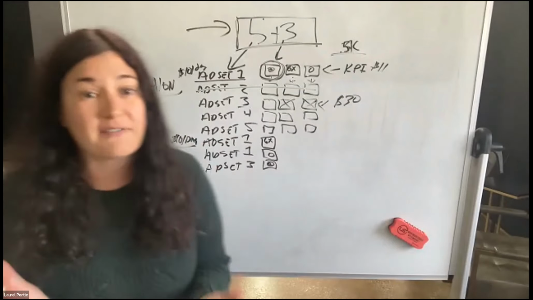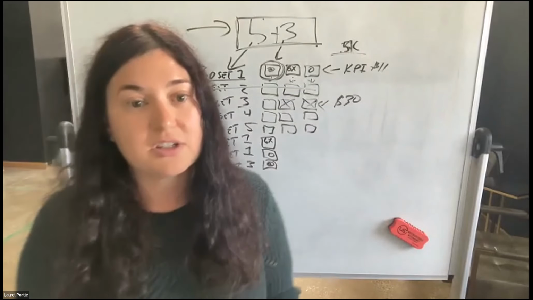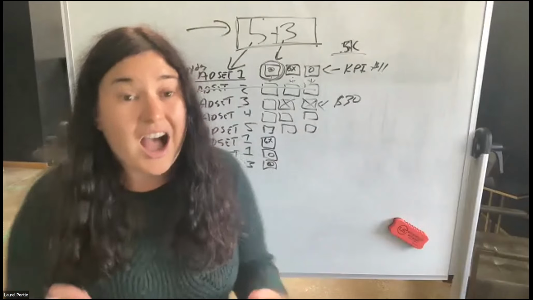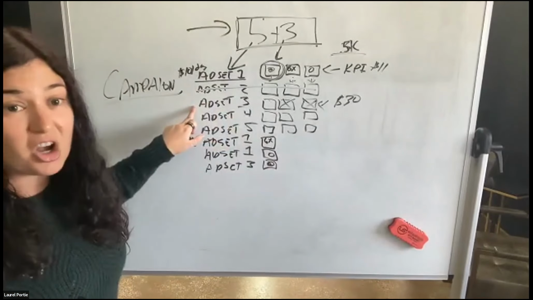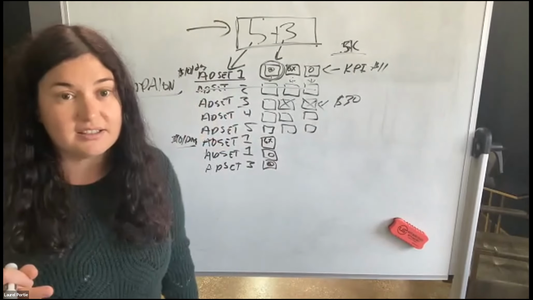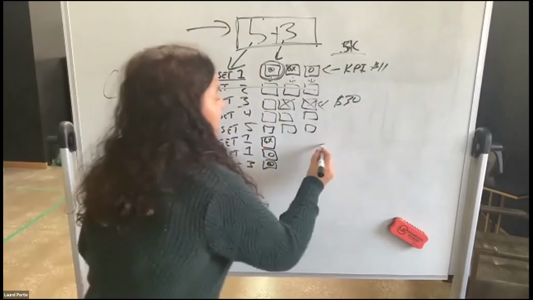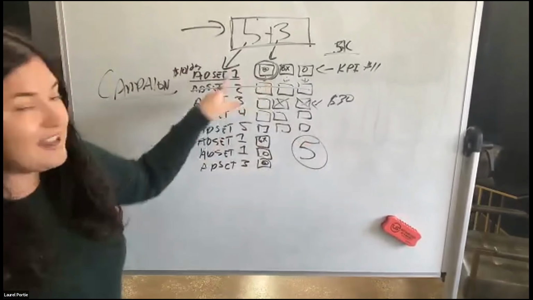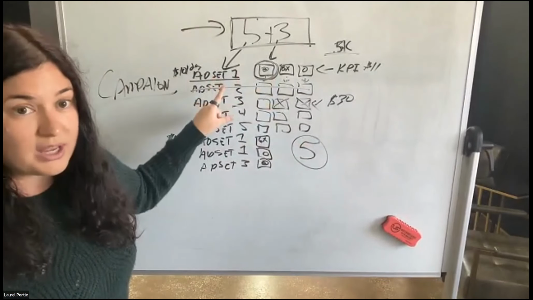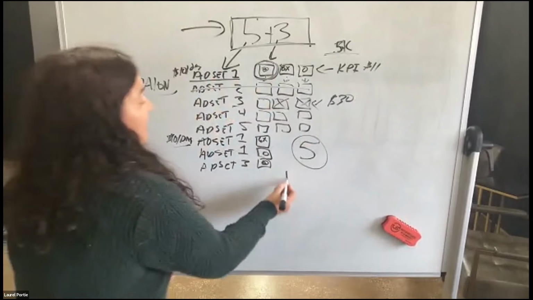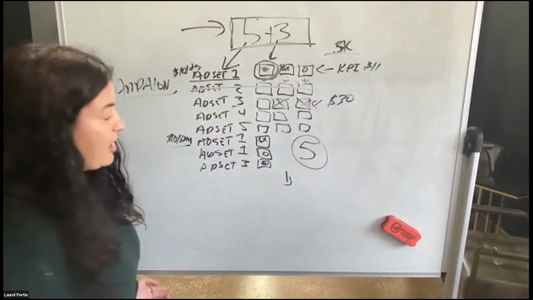So let's say a client gives me $5,000 to spend. I am probably going to spend $3,000 of it in the first 7 days because I want to find my winners, so that I can get 5 winning ads with adjacent winning audiences. Then this is where the CBO comes in.